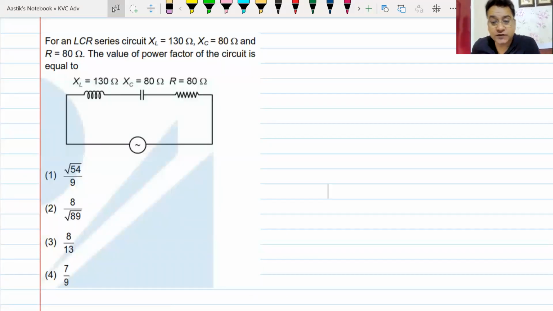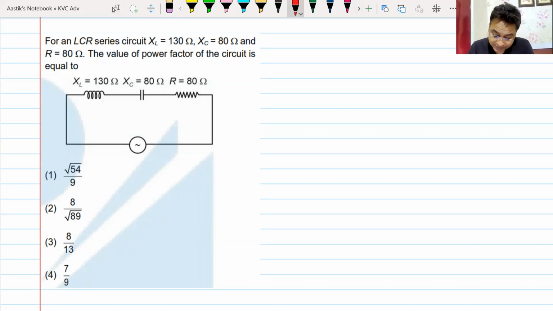Anyways, this is the next one. LCR circuit, XL is this, XC is this, what is the power factor? Option 2. Chalo, we got at least this one correct.